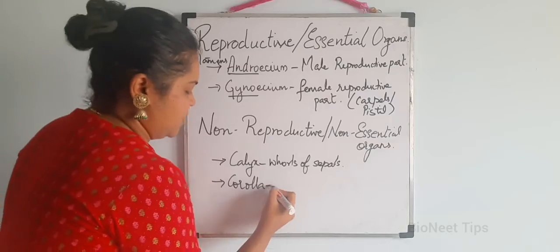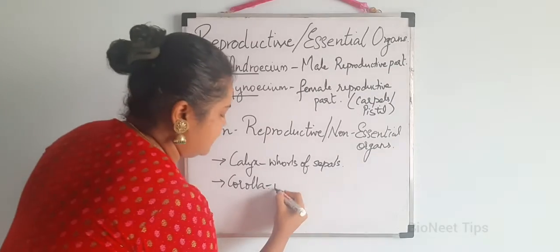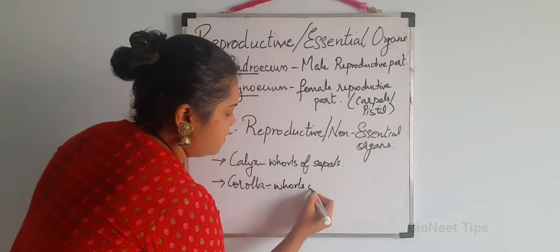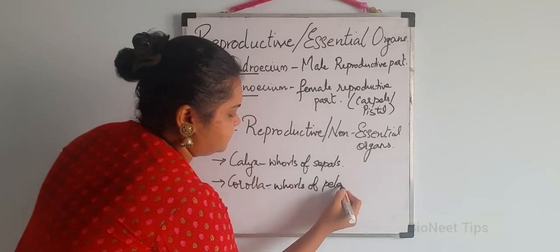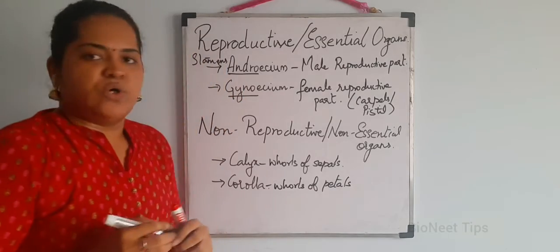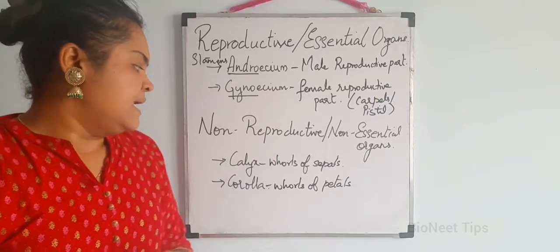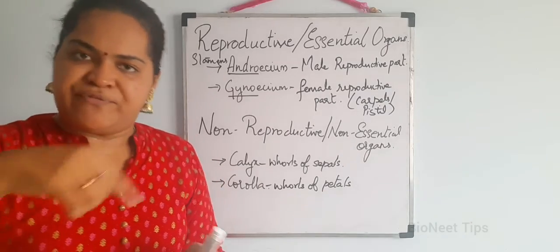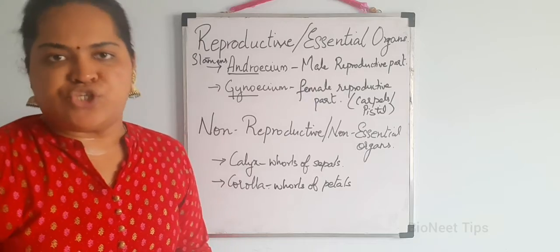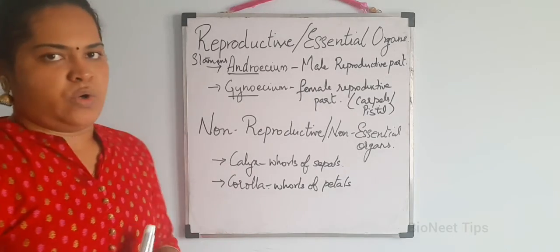Okay, same goes with corolla. Corolla is nothing but whorls of petals. So if it is one colored structure, then it is a petal. Then if it is a whorl or a group or a bunch of petals, it is called a corolla.